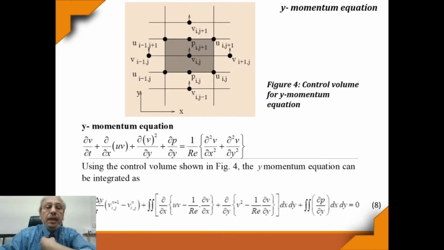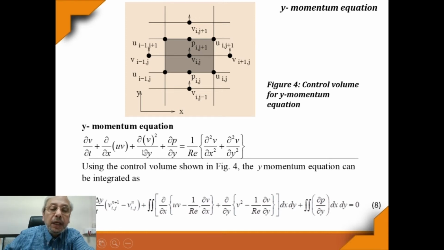So today we will start with the y momentum equation, and we can see the y momentum equation here at the first place has been written in terms of weak conservative form, but then we change it to strong conservative form. That means with del x of uv we get 1 by Re del 2v del x2.